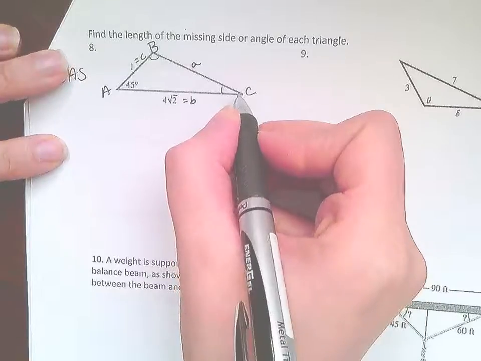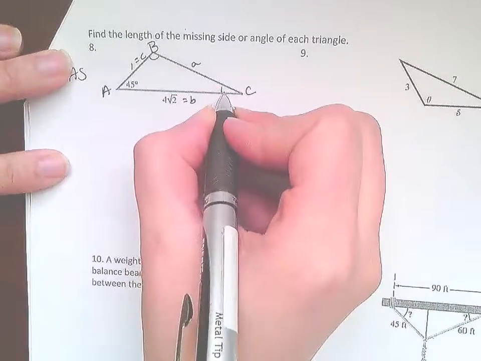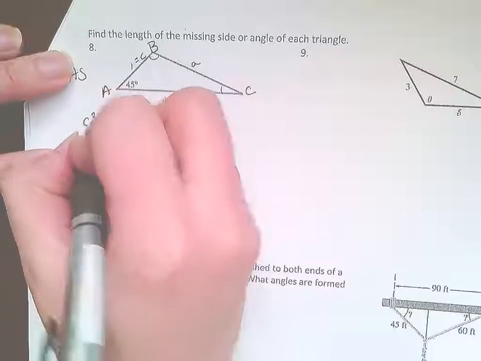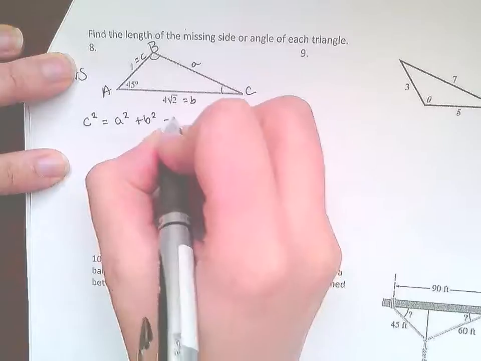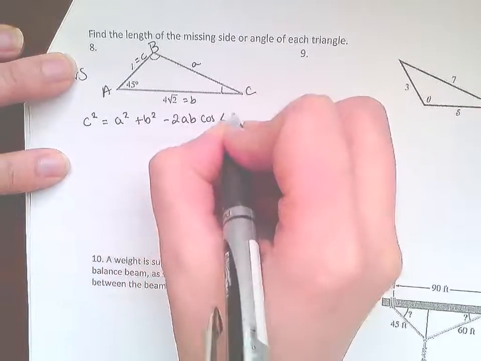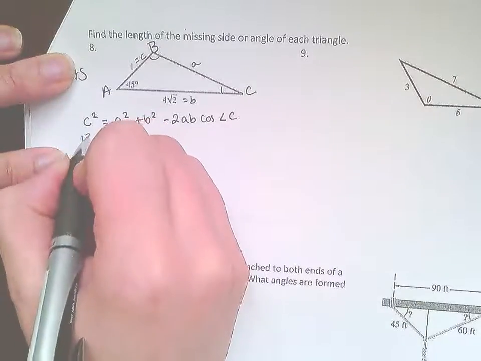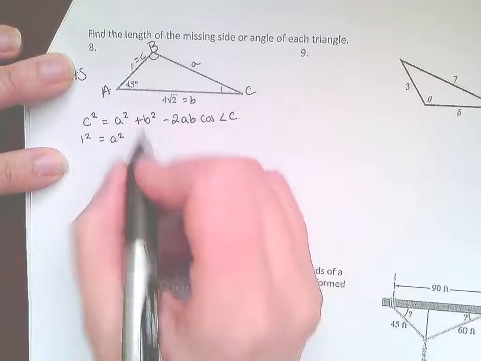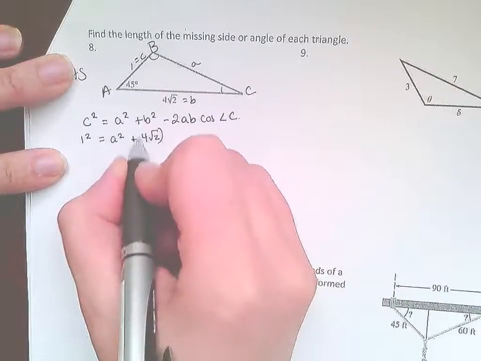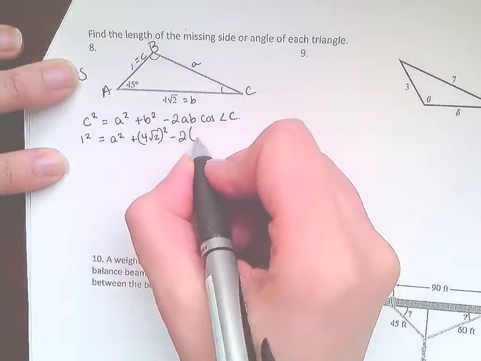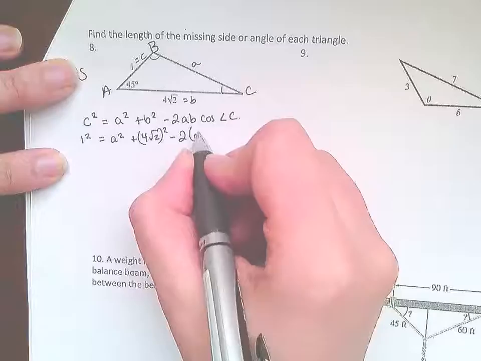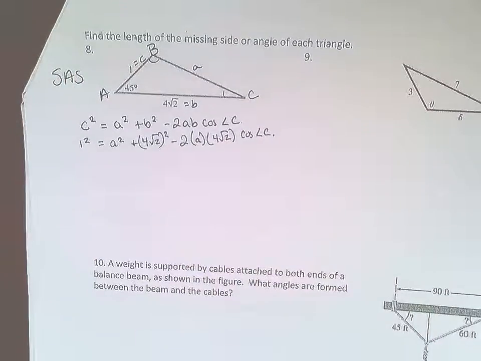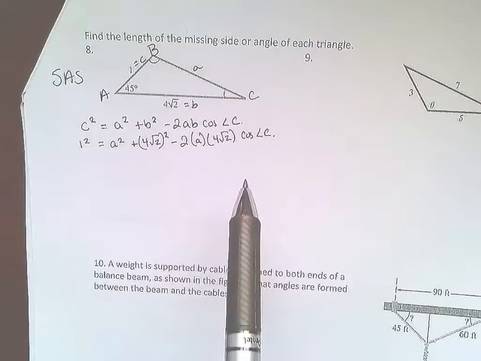To figure out what angle C is, we can do basically c squared equals a squared plus b squared minus 2ab cosine of angle C. So C is 1 squared equals A, it's an unknown actually, so we don't want to start with C if you labeled it in this way, plus 4 square root of 2 squared minus 2 times A, my unknown, times 4 square root of 2 cosine of angle C. So this would actually be a bad place to start because we have two unknowns.